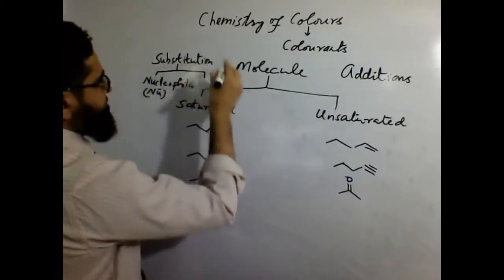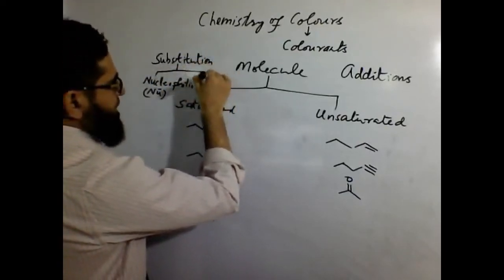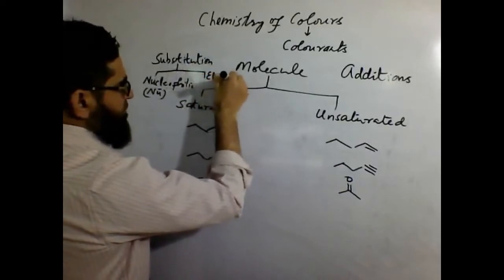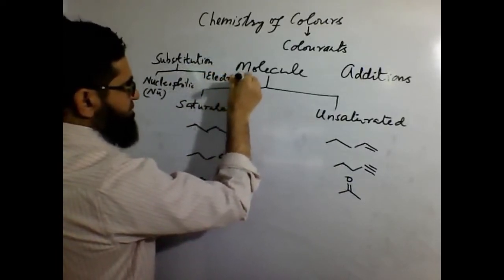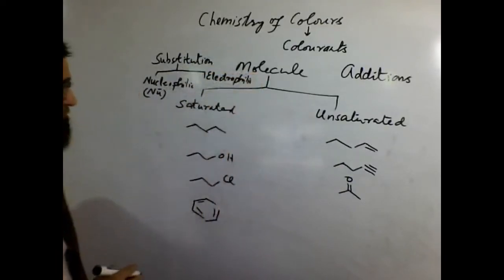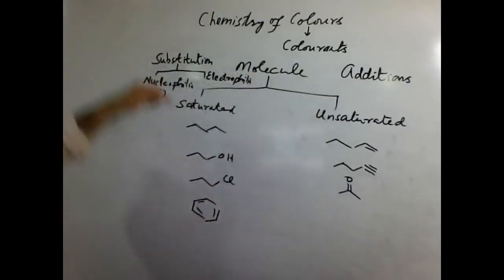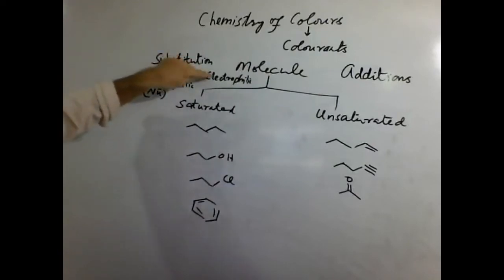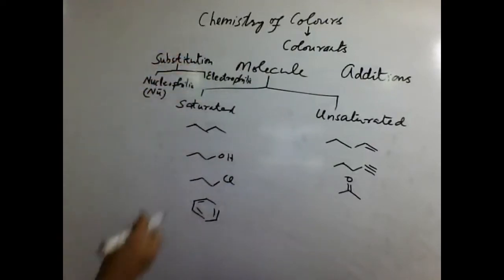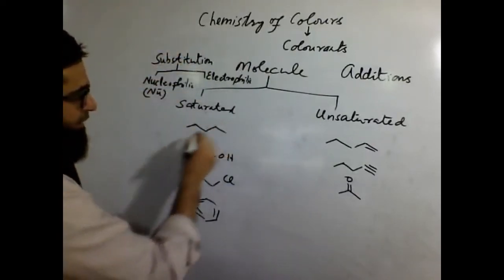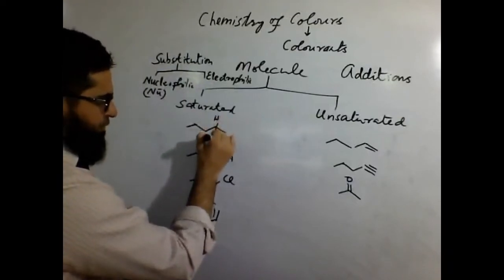Similarly, the substitution can be electrophilic. Substitution of a nucleophile, substitution of an electrophile. If a molecule, let's say the alkane, we have an idea it carries protons all around.